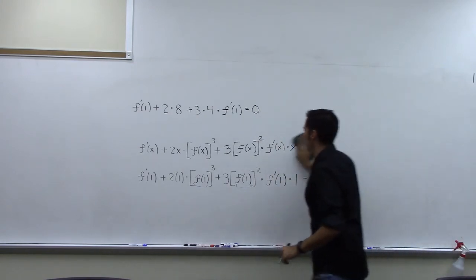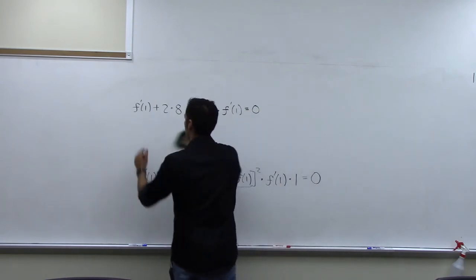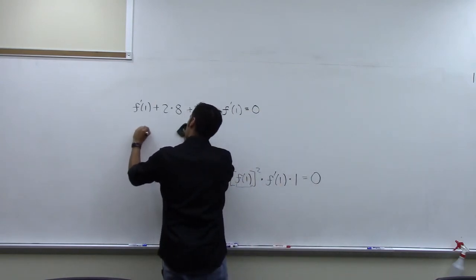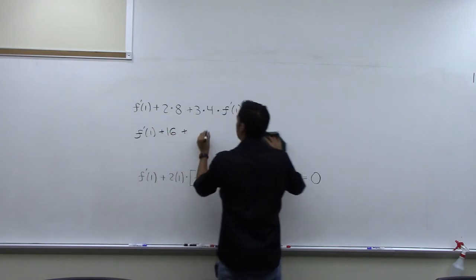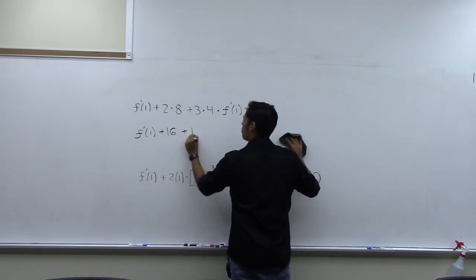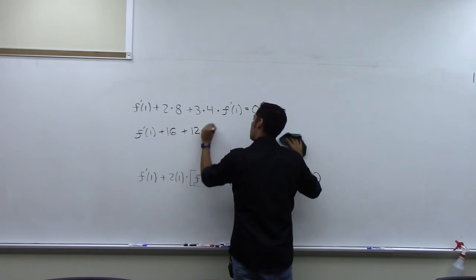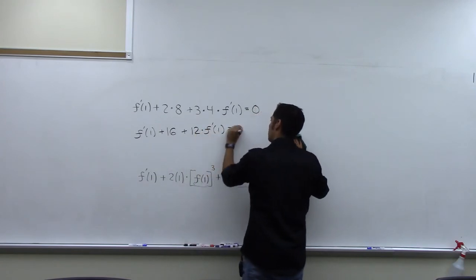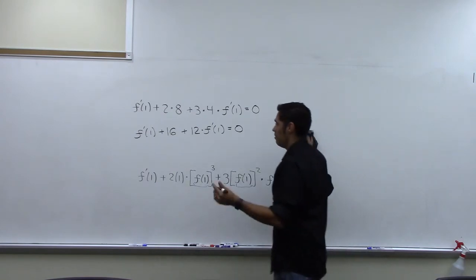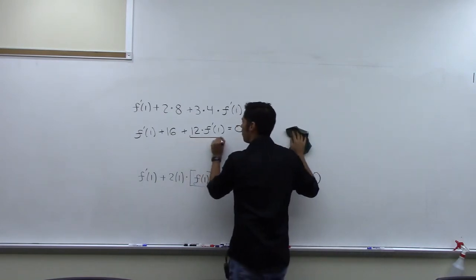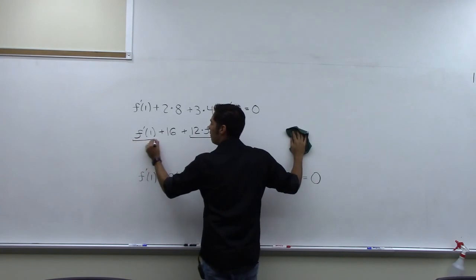So let me clean that up a little bit. This is going to be f prime of 1 plus 16 plus, now just multiply 3 times 4 there, 12 times f prime of 1 must equal 0. And we're almost there. Look at, I have 12 f primes of 1, and I have 1 of them.